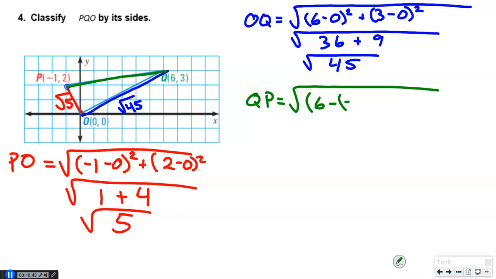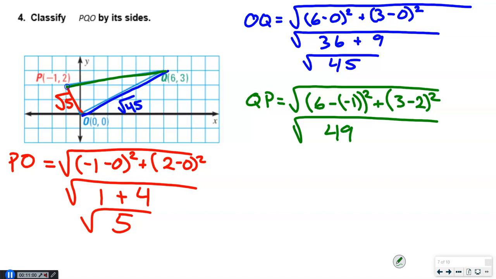I'll write it in here so you see what we're plugging in. And then 3 minus 2 squared. So we get 7 squared, which is 49, and 1 squared, which is 1. So 49 plus 1 is 50, so we have the square root of 50 for our third side.